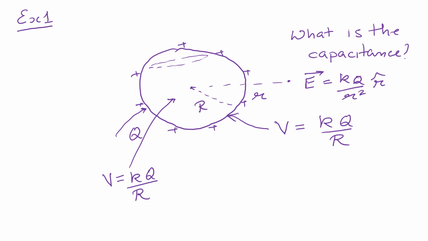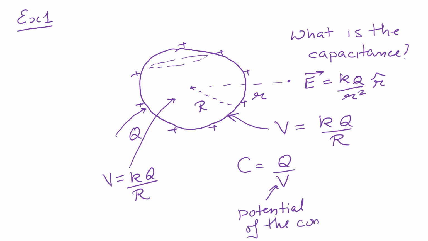What is capacitance? Capacitance is Q by V, V being the potential of the conductor. If you can calculate potential at one point, the potential on the conductor would be the same everywhere else.